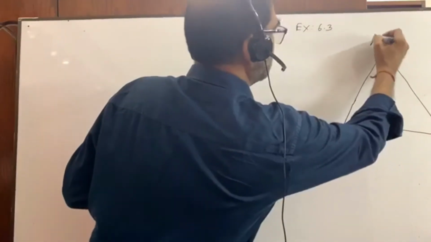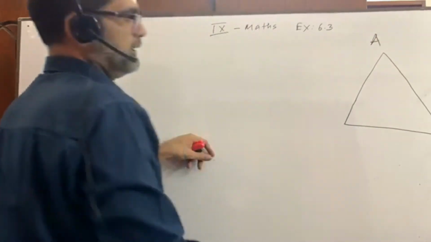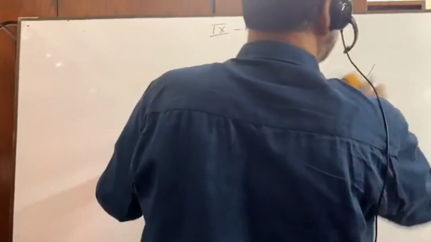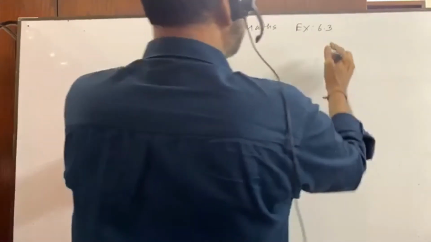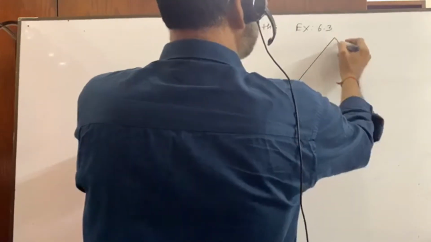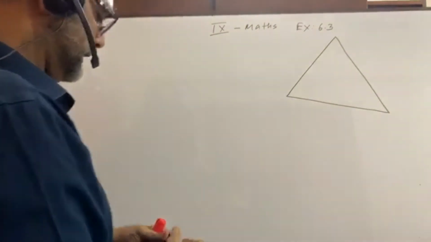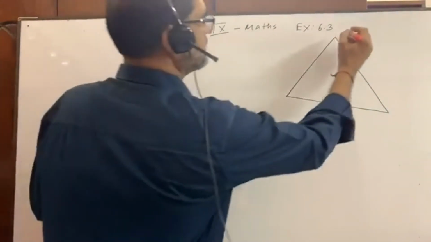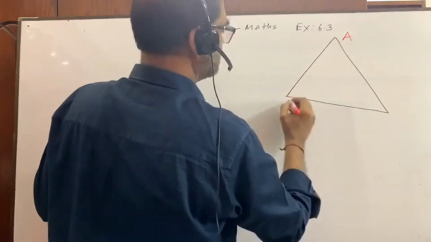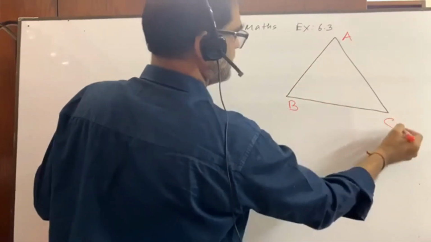Let's draw the figure here. We are given any triangle like this, drawn without any measurement. Now it is A, it is B, and it is C.